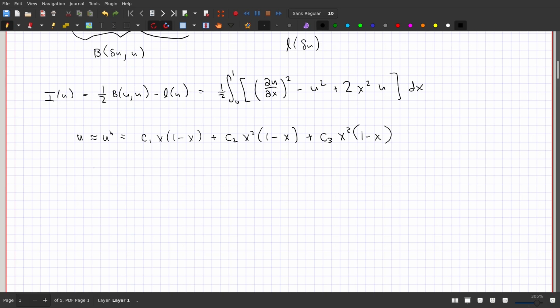So we'll plug that in, and then we'll compute the integral I, and then take the derivative with respect to c1 and set it equal to 0. Take the derivative with respect to c2 and set it equal to 0. Take the derivative with respect to c3 and set it equal to 0.